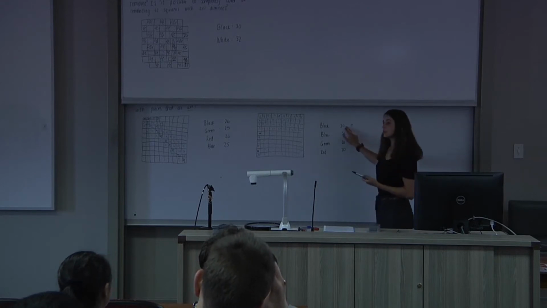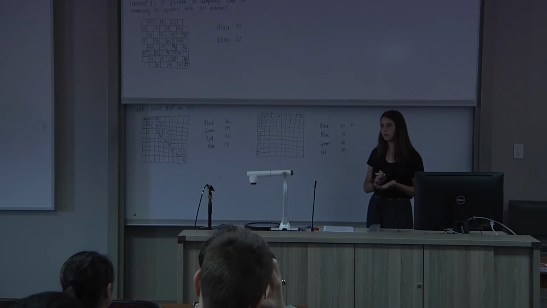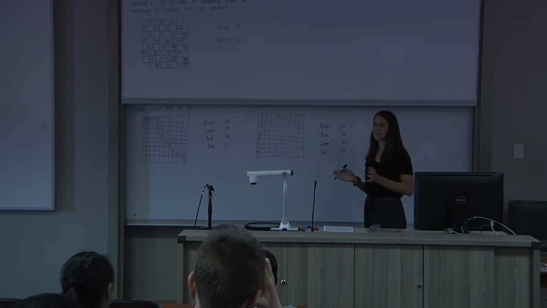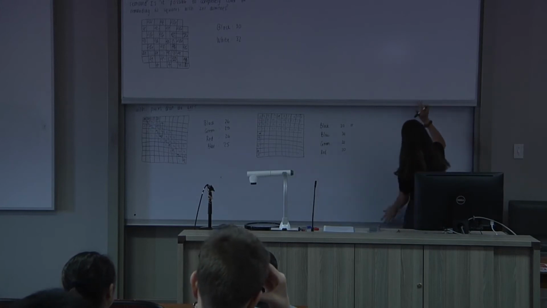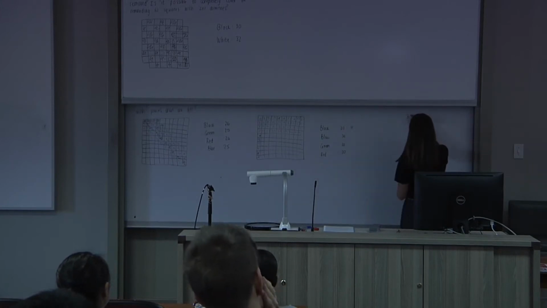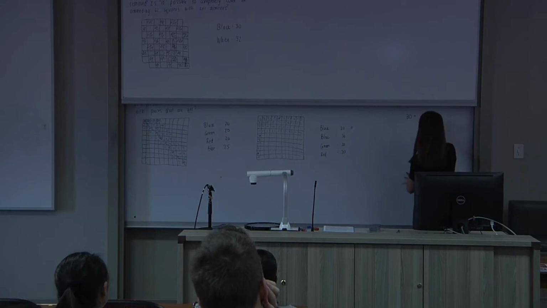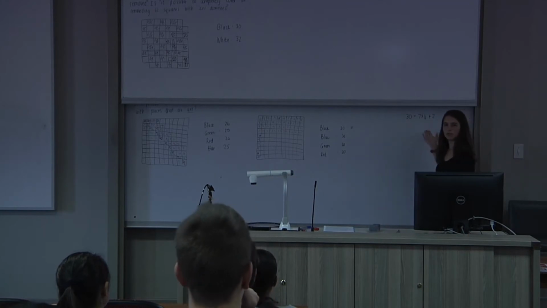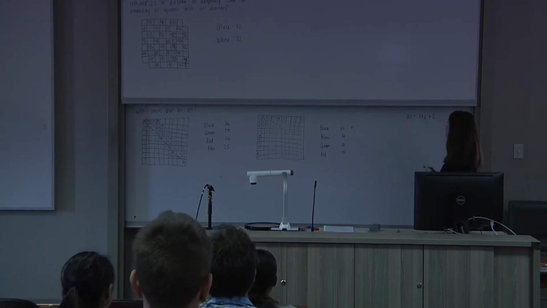So if we take 30 and we divide by 4, 7 times 4 is 28, right? So if you want to write it out a bit better, you say 30 equals 7 times 4 plus 2. Okay, everyone happy with writing it like that? And that's basically what you do with mod.